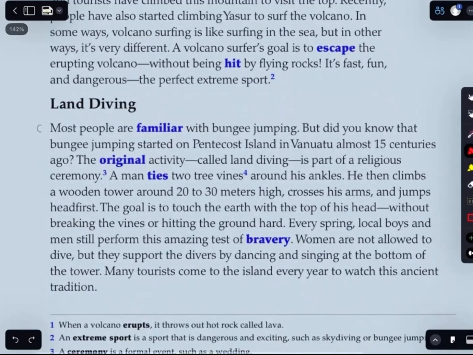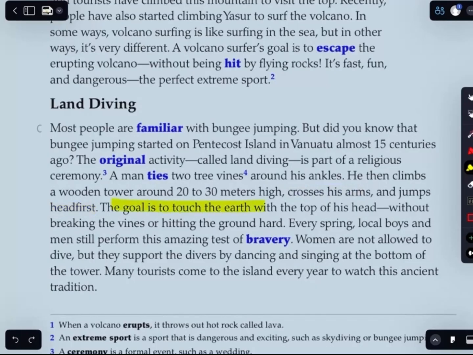Land diving. Most people are familiar with bungee jumping, but did you know that bungee jumping started on Pentecost Island in Vanuatu almost 15 centuries ago? The original activity, called land diving, is part of a religious ceremony. A man ties 2 tree vines around his ankles. He then climbs a wooden tower around 20 to 30 meters high, crosses his arms, and jumps headfirst.